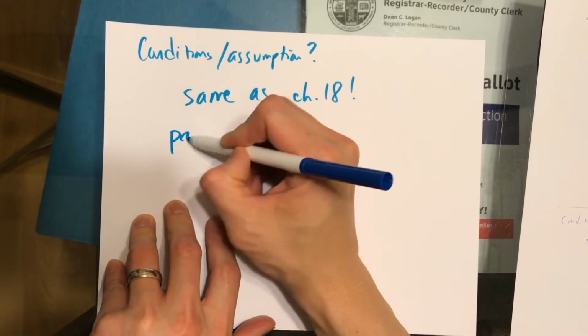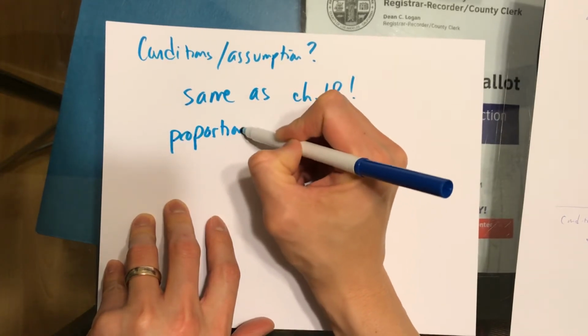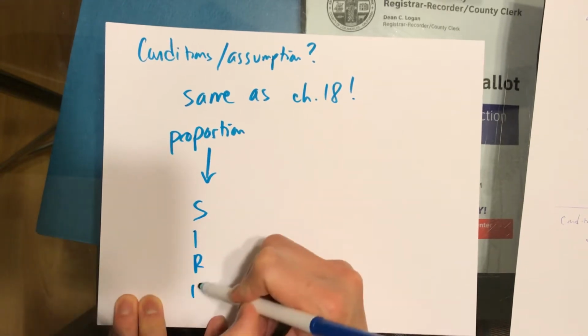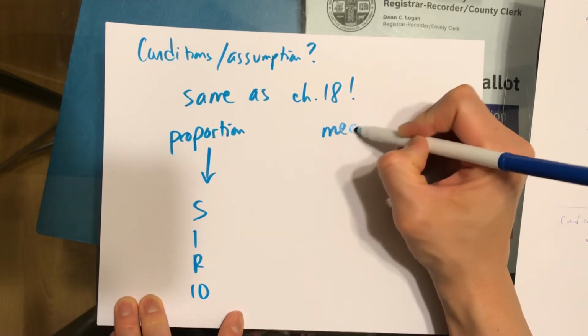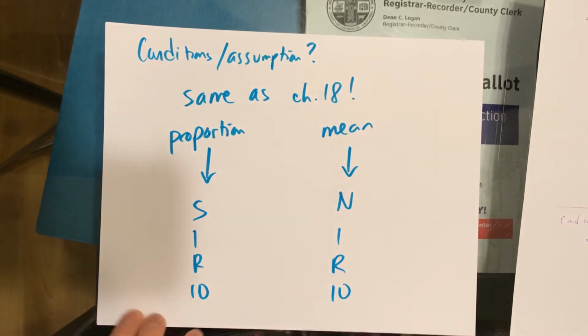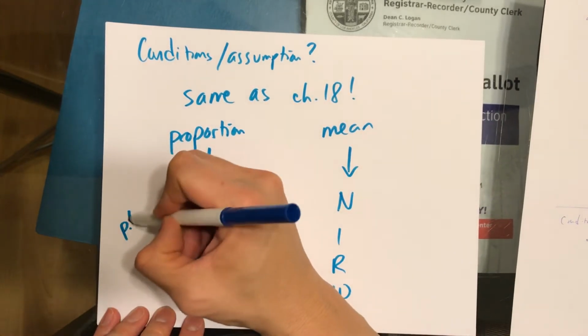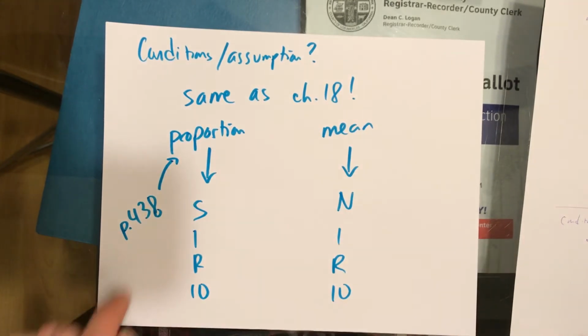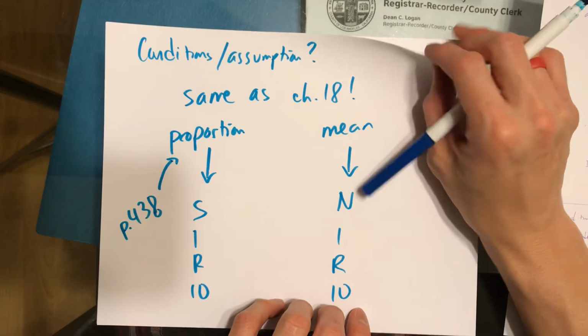If it's a proportion, which is what we're doing right now, it's going to be SIR10. If it's a mean, which we'll do later, it's going to be NIR10. And this is on page 438 for proportion. So check it out right there. It's exactly the same, nothing's different.